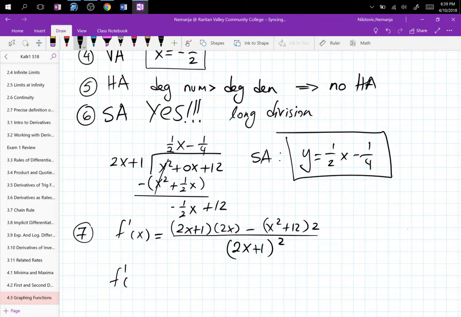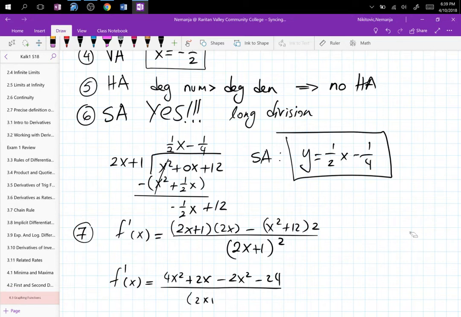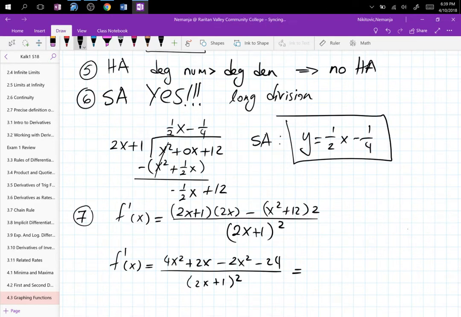Now you have to fix this. That's 4x squared plus 2x minus 2x squared minus 24, all divided by 2x plus 1 squared. Simplify: 4x squared minus 2x squared is 2x squared plus 2x minus 24, divided by 2x plus 1 squared.